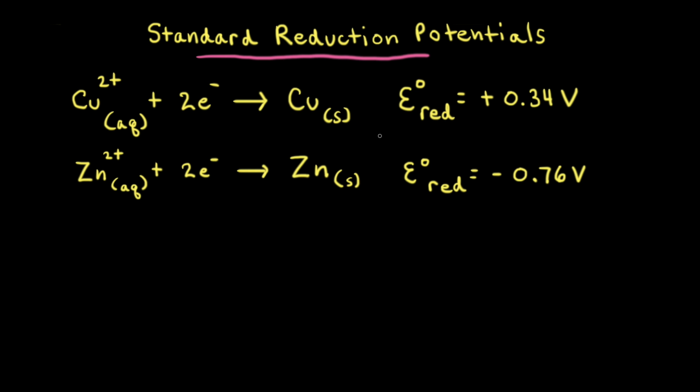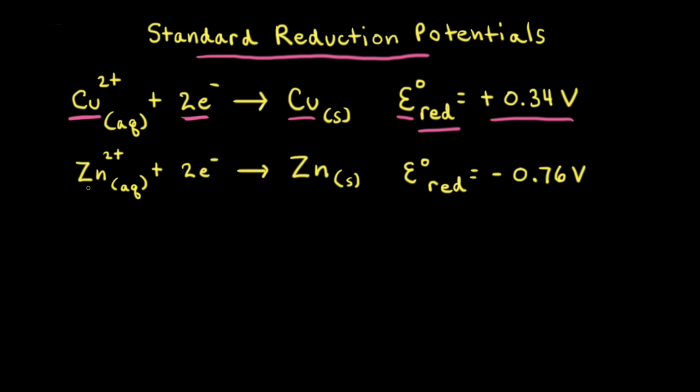Standard reduction potentials are symbolized by E naught of reduction. And these refer to the voltages for half reactions that are written as reduction half reactions. For example, if copper 2 plus is reduced by 2 electrons to form solid copper, the voltage for this half reaction, or the standard reduction potential, is equal to positive 0.34 volts.